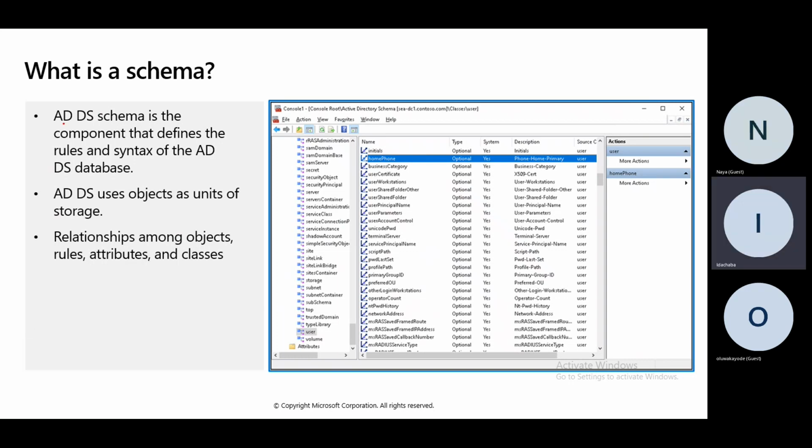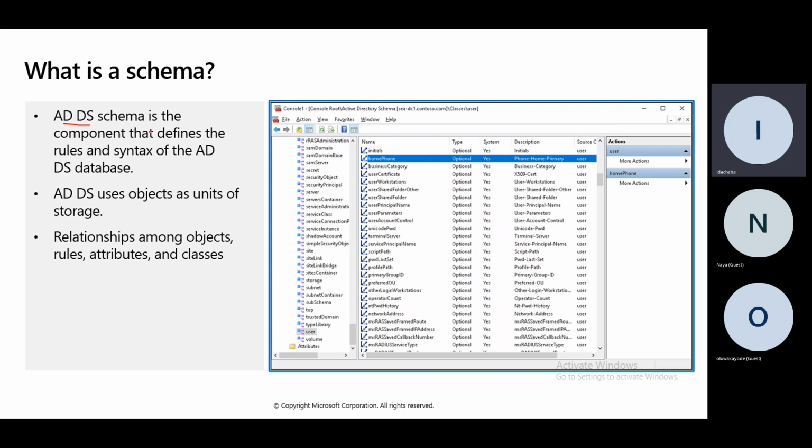the ADDS schema is the component that defines the rules and syntax of that database. Do you understand? The rules and the syntax of that ADDS database. Remember, your ADDS database is partitioned. Right from day one, I've been explaining that partition.